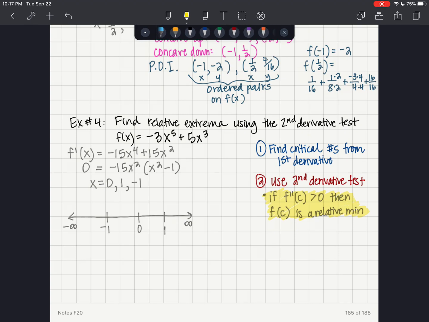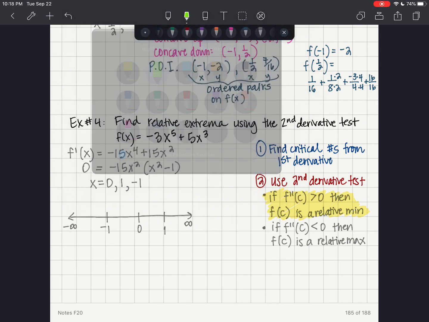The next one says if the second derivative is less than 0, this is true, it's the second derivative that we're talking about, then f of c, that's your output in your original function, is a relative max.